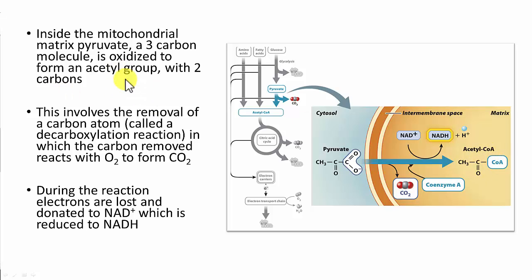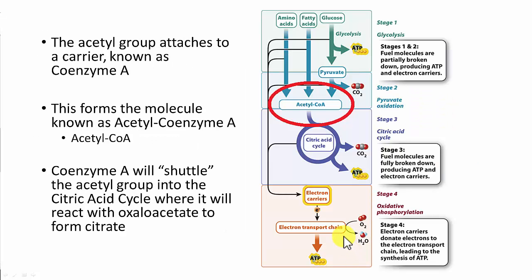So the acetyl group, the 2-carbon molecule, gets picked up by a coenzyme carrier and forms a compound called acetyl coenzyme A. And this now becomes the group that's going to enter into the next stage, which is the citric acid cycle or the Krebs cycle. Okay, so that's called the pyruvate oxidation, also known as the intermediate reaction.